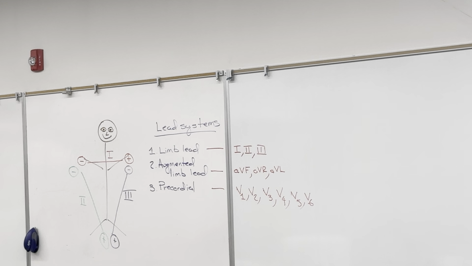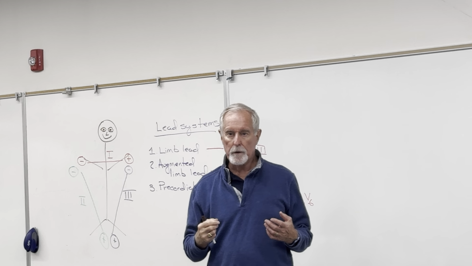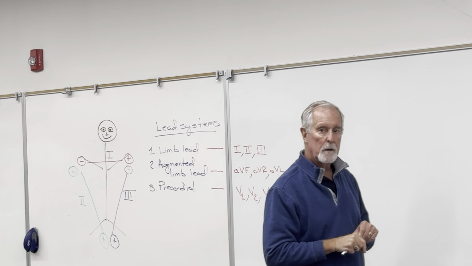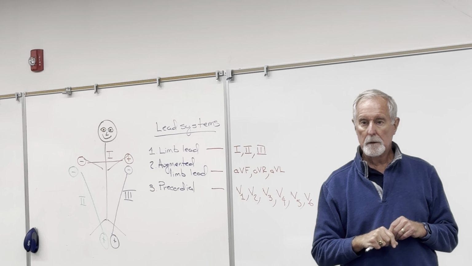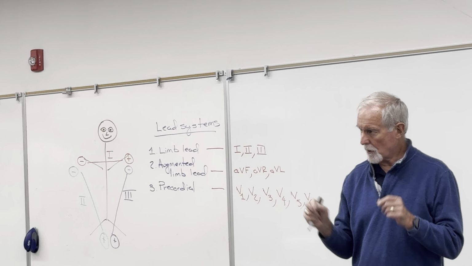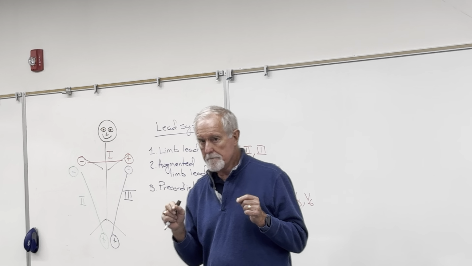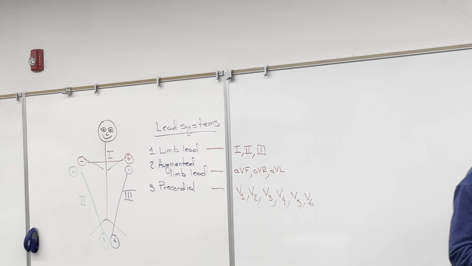So in lead 1, what would be the value that we would record in lead 1? Andrew, what would you tell me? Fantastic, that's exactly right. So the way you find out what the value is going to be is, first of all, you have to know, is it moving towards a positive electrode or is it moving towards the negative electrode?